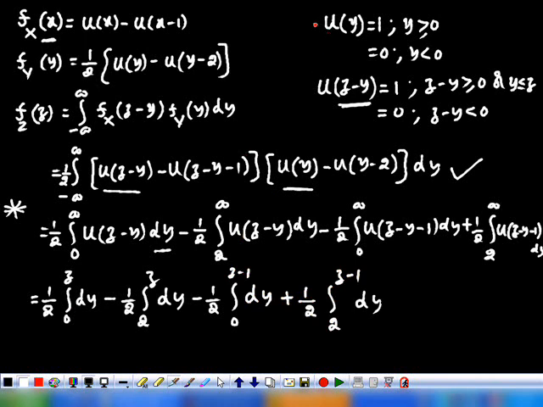For that purpose, we are using these basic equalities. Another one is u of z minus y minus 1 is equivalent to 1 for z minus y minus 1 greater than or equal to 0, which is nothing but y less than or equal to z minus 1. Therefore, the limits are from 0 to z and 2 to z, 0 to z minus 1 and 2 to z minus 1.